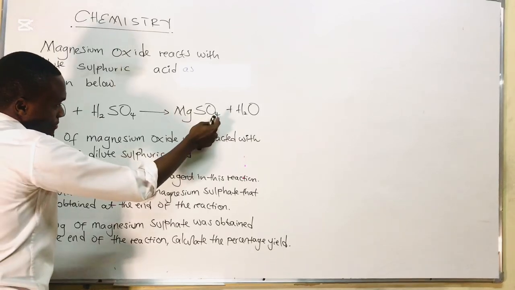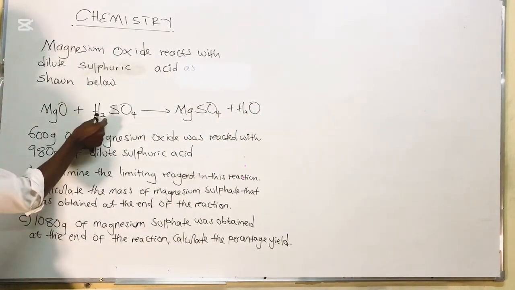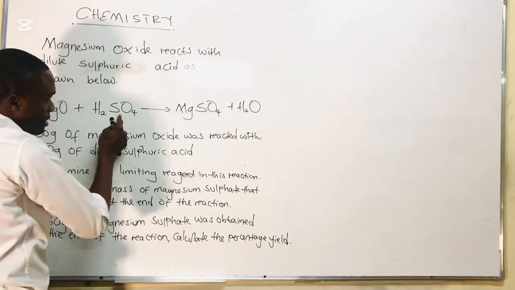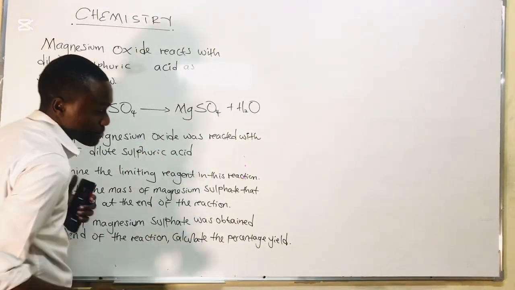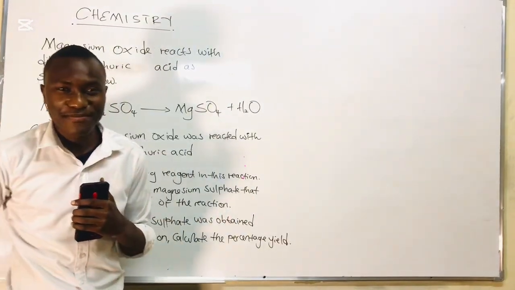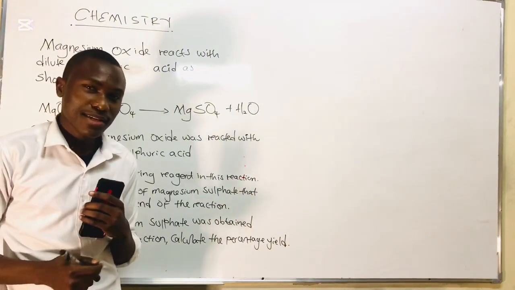Oxygen on this side, 4 plus 1, 5. Hydrogen, 2. Hydrogen, 2. Sulfur, 1. Sulfur, 1. So this is a self-balanced equation. Of course, feel free to pause the video, copy the question, and attempt it.